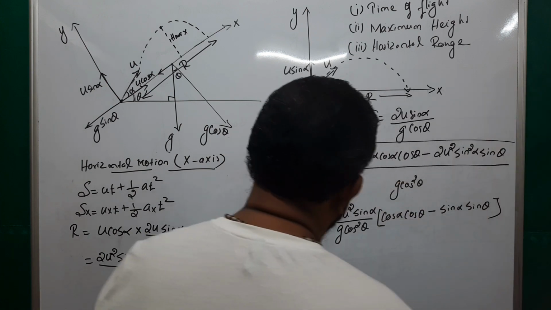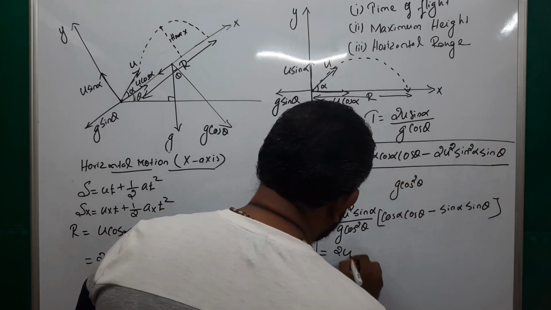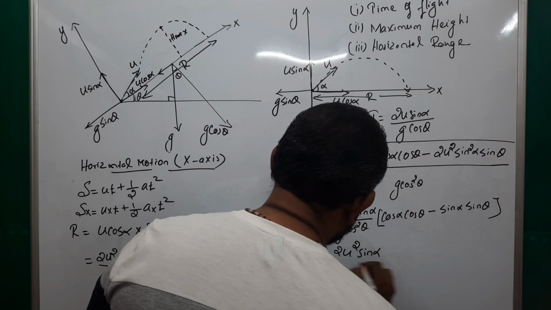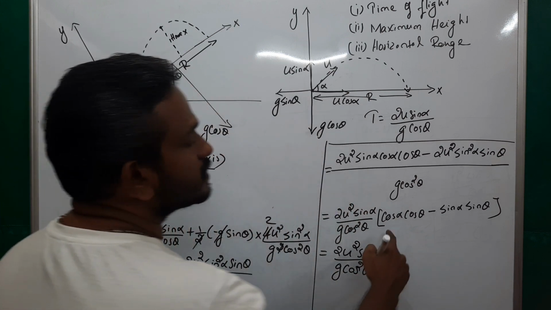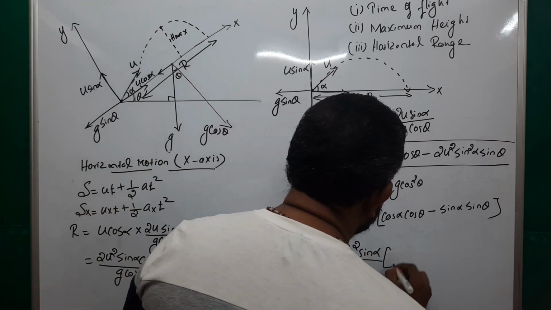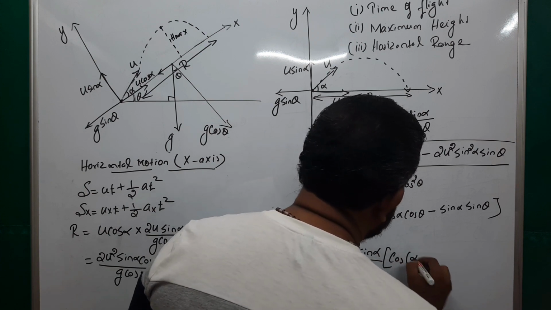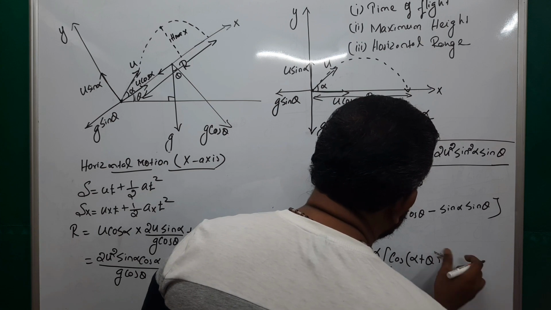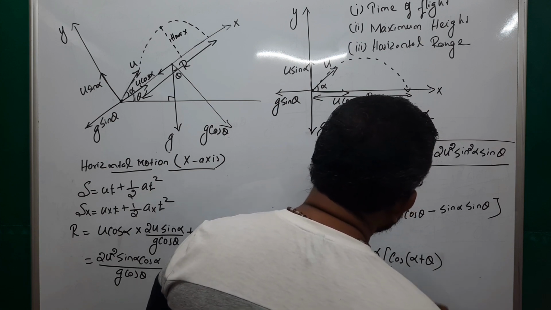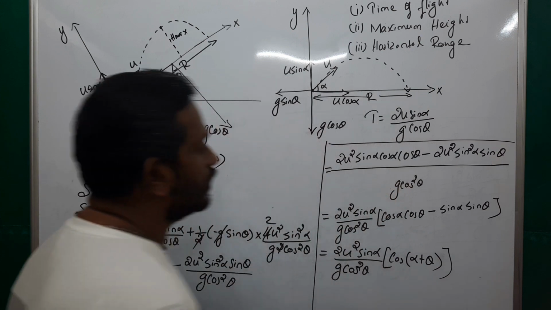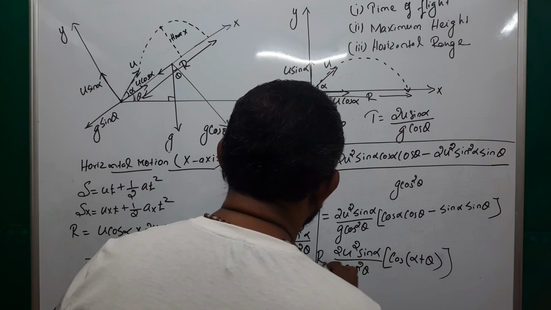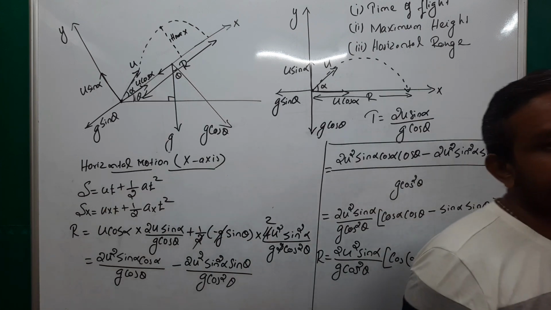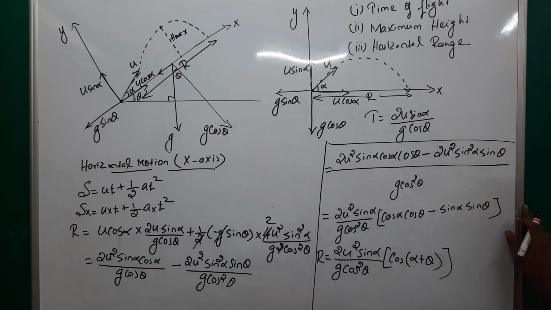Since cos A cos B minus sin A sin B is cos A plus B, that is cos alpha plus theta. So this is the horizontal range: R is equal to 2u square sin alpha divided by g cos square theta into cos alpha plus theta. Clear?